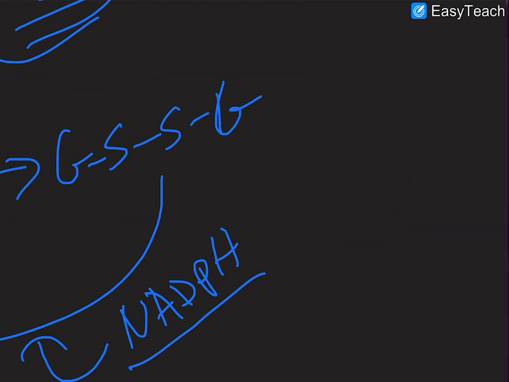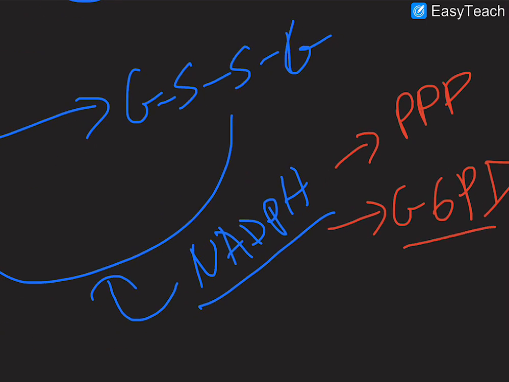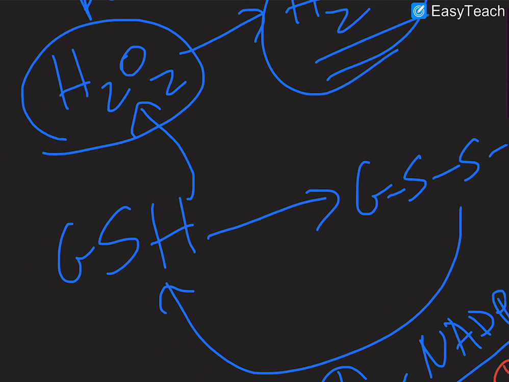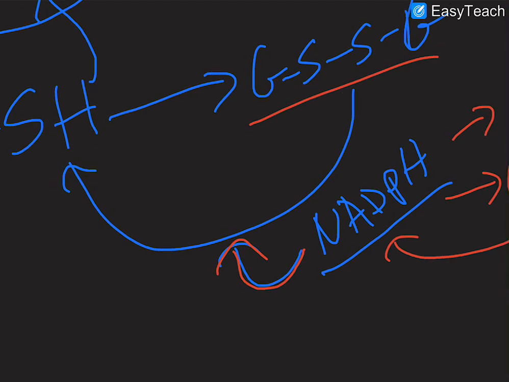And where do we get NADPH from? Remember the pentose phosphate pathway, especially the enzyme glucose 6-phosphate dehydrogenase. This enzyme helps form NADPH, so that's also important. We do need NADPH to reduce the oxidized form of glutathione into the reduced form.